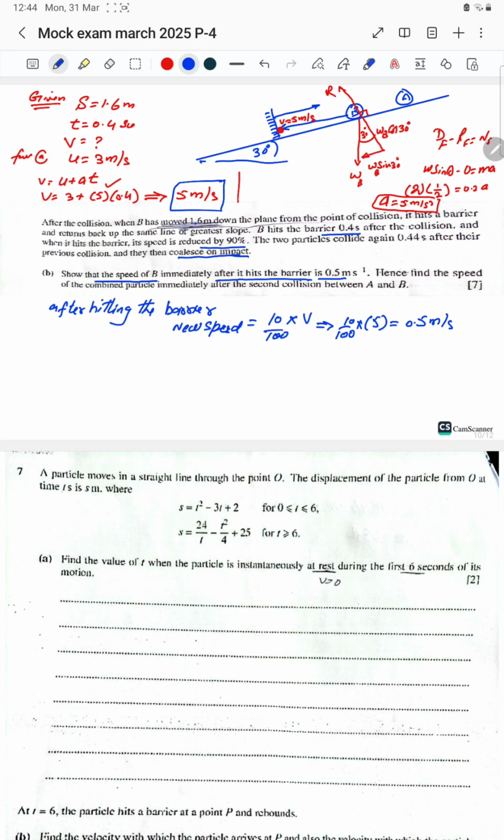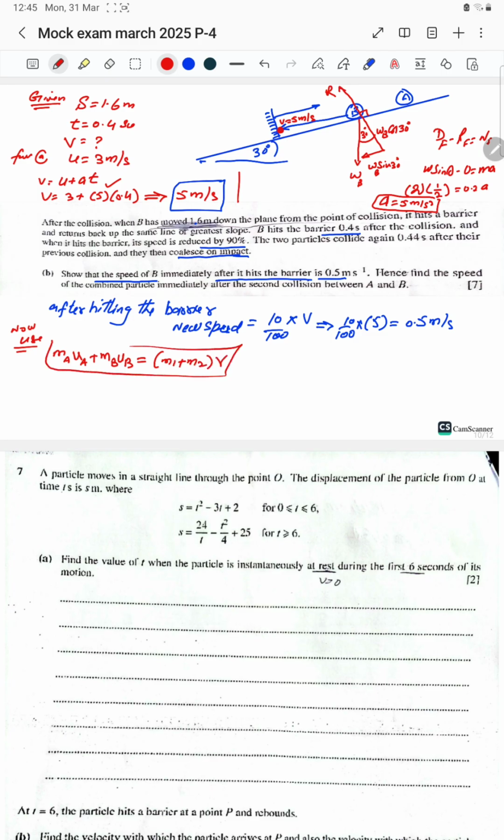Now it said, hence find the speed of the combined particle immediately after the second collision between A and B. After the second collision, because they coalesce now, we can use the conservation of momentum formula again: m_A u_A plus m_B u_B is equal to, as they coalesce, the masses will be combined, with a common velocity.